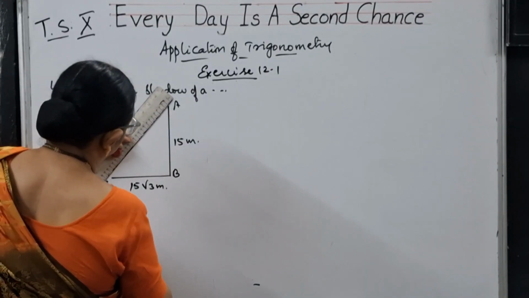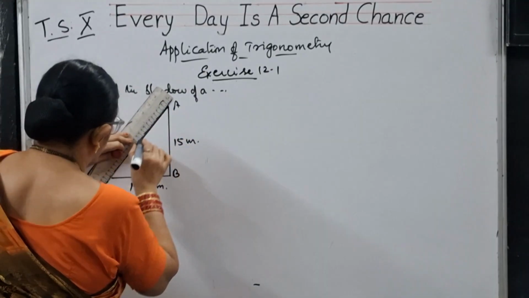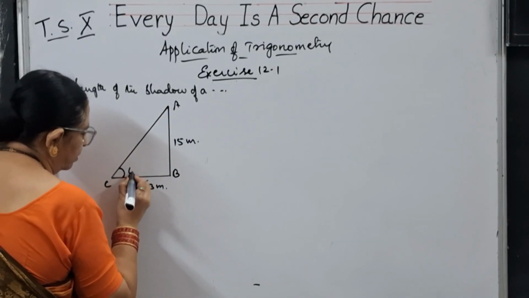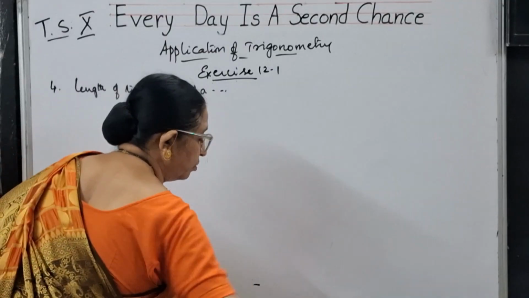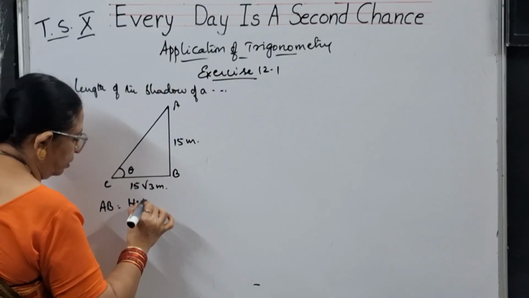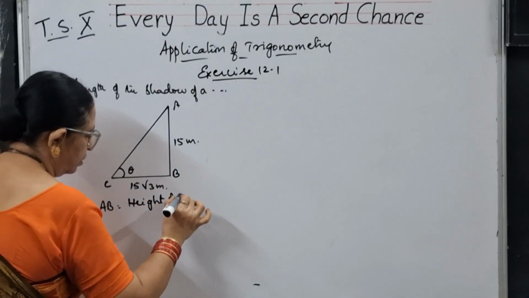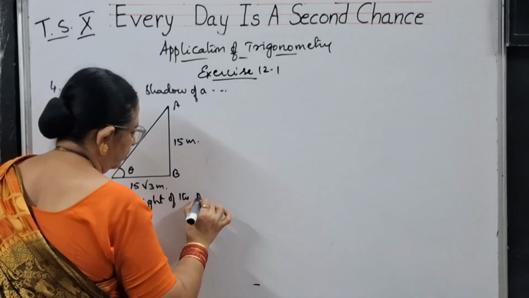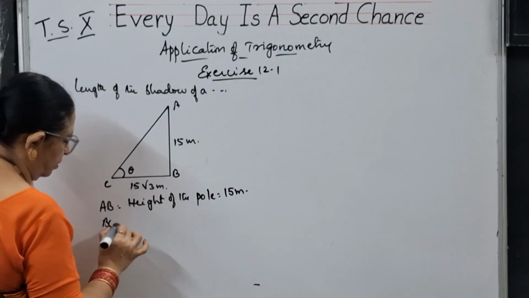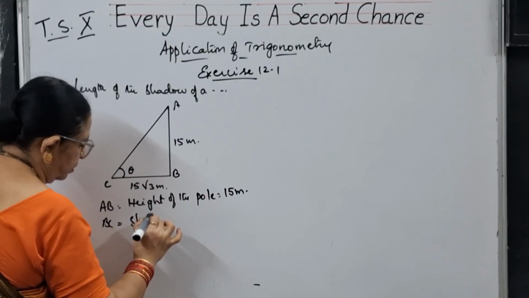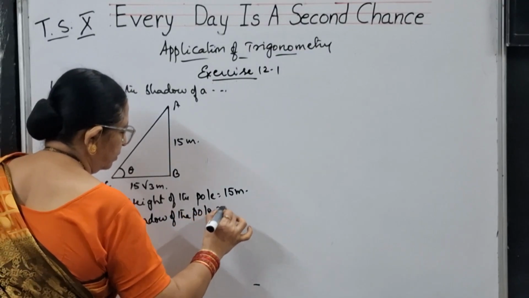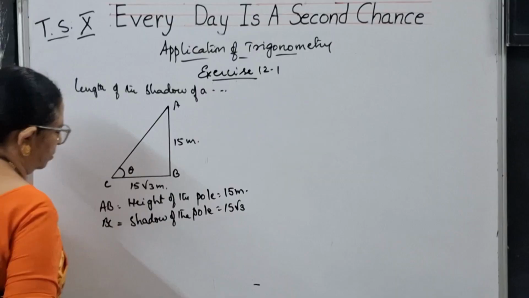Now the question is, what is the angle of elevation of the sun rays from the ground? Let us consider this as theta. So what are the values that are given to you? AB is the height of the pole, which is 15 meters, and BC is the shadow of the pole, which is 15 root 3 meters.